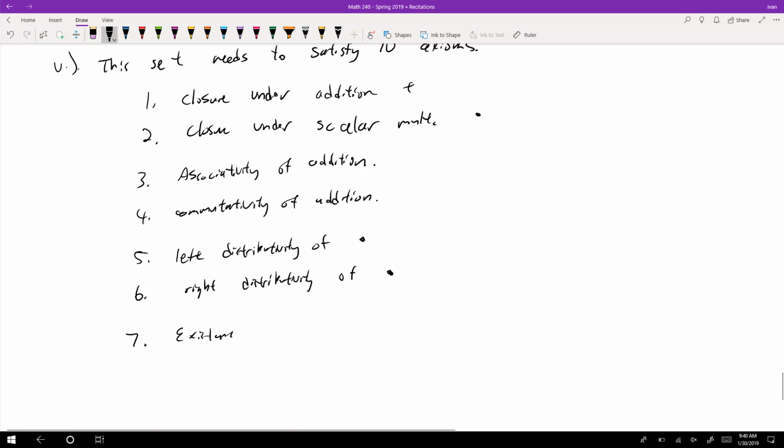Existence of an additive inverse. Let's see, existence of a zero vector, so it's called additive identity.